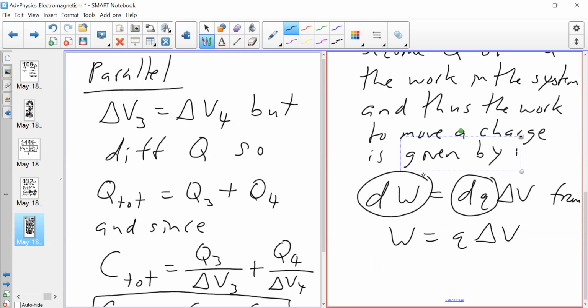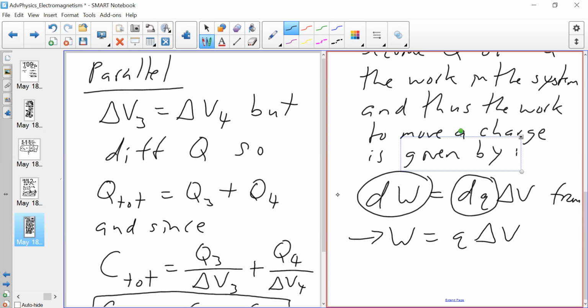Each of those charges is coming in one at a time, not, you know, it's pretty simultaneous, but just imagine, if you will, one dQ over to this left plate, right plate, and each of those dQs build up to make Q. Each of those individual dQs is doing dW amount of work to make eventually the total amount of work, which is Q delta V.